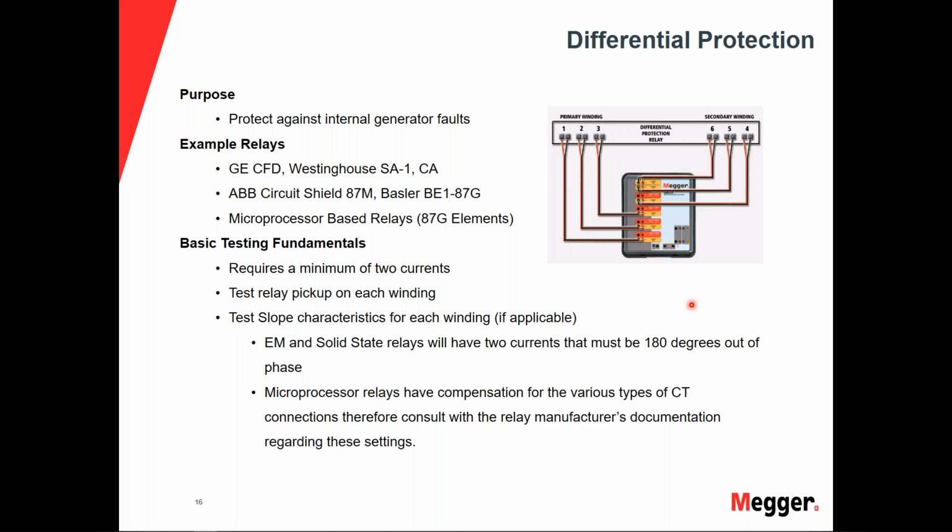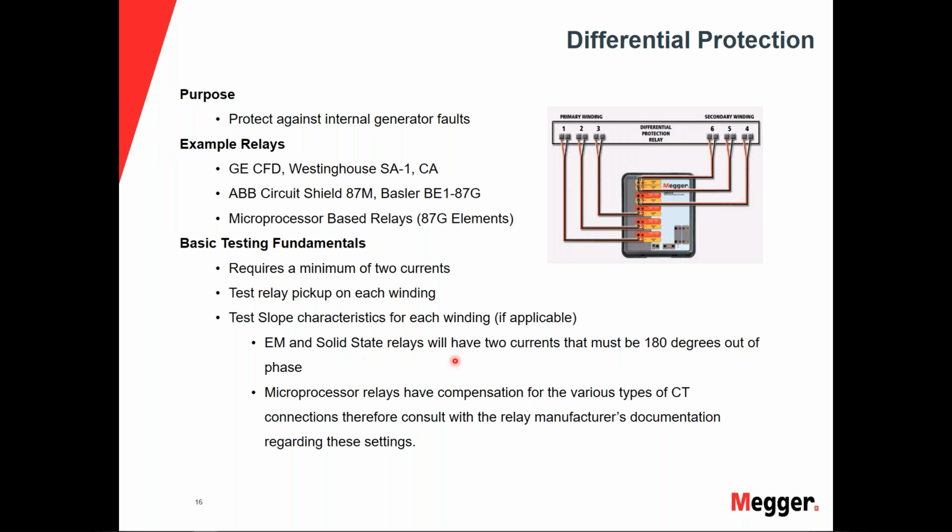You could have a little deviation in the phase angle of the CT, a little deviation in the errors and the ratios, and CT saturation. So what ends up happening is that we want to check a slope. If the engineering department decides to put in a slope characteristic for this relay or this type of protection scheme, then we'll need to check that as well. I'll explain it a little bit in the next couple of slides. We actually have a pretty good drawing for that.